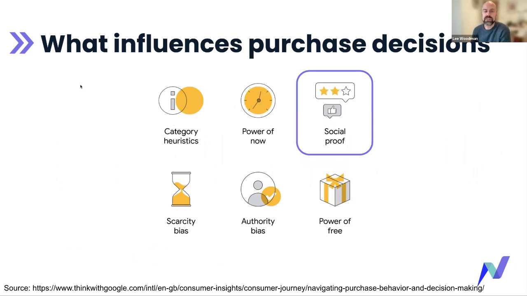So these are the influencers. When I say purchase, it could be e-commerce, lead generation, whatever that goal is; these are the dials that we've got to tweak. Social proof is a massive part of that journey and the nudge that we give people.